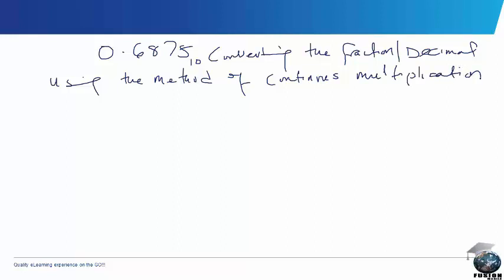This method involves this. Remember, we'll be converting from base 10 to base 2, and so we have 0.6875. The number we multiply by will be 2 because that's the base we intend to convert to.